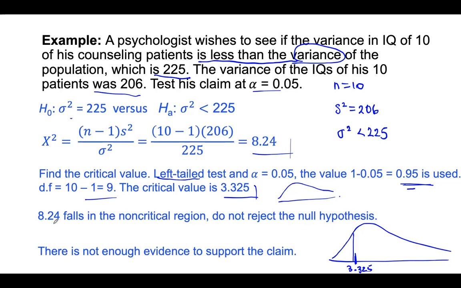And we found 8.24 is, let's say, over here. I'm not sure where it is. 8.24 is over here. So this falls in the non-critical region. So we do not reject that null hypothesis, because this is on this side.